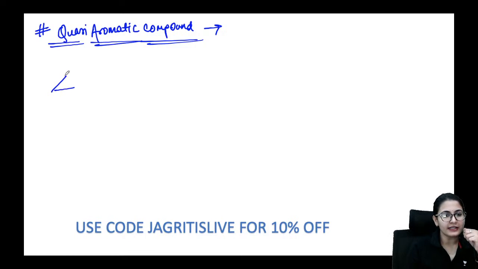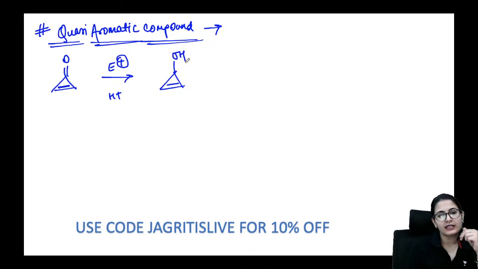So if this is the molecule, look, in this molecule over here, if I am providing some kind of an electrophile, let's say I've provided a proton. Okay, what's going to happen? It is going to give OH and a positive charge here.